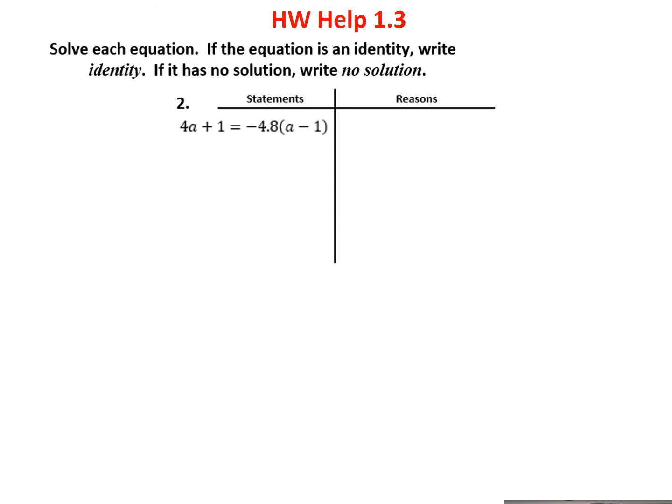In the second one, the first thing we notice is, as before, we need to get rid of this parentheses here, so we're going to use the distributive property right here to get rid of the parentheses. So I'll write down here that my first step is to use the distributive property.